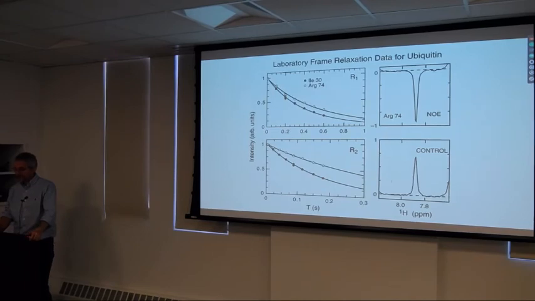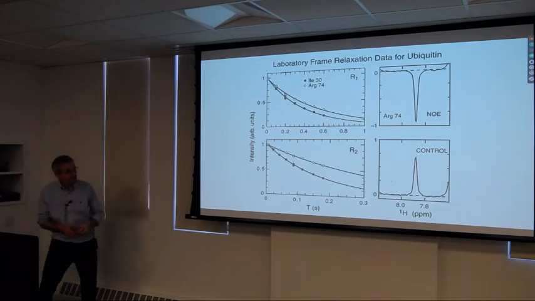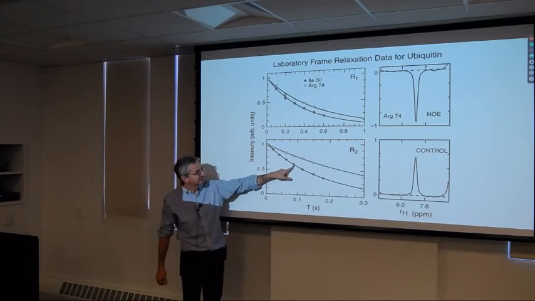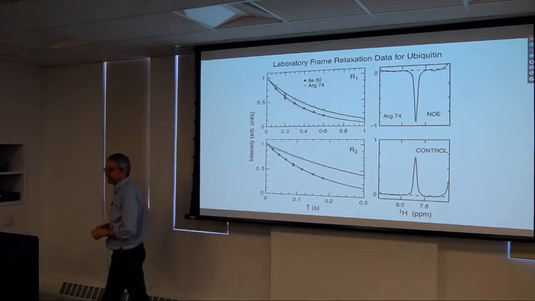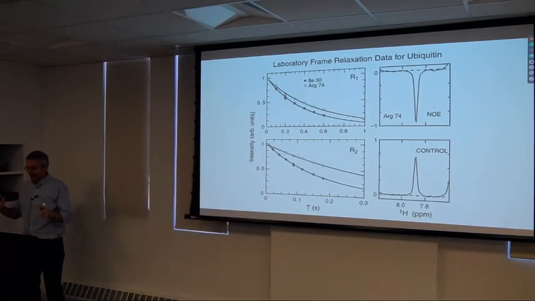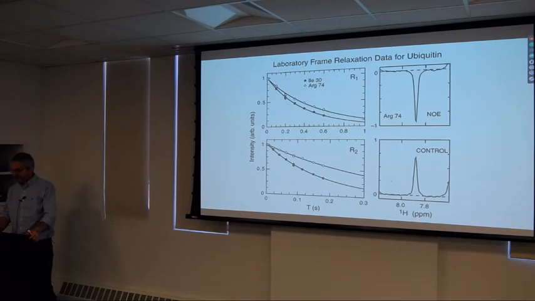And here's what data looks like for ubiquitin for 2 different spins. And again, if one controls all of the temperature problems, you can see the duplicates match quite well in these data. So the data are quite reproducible if, in particular, temperature is controlled.